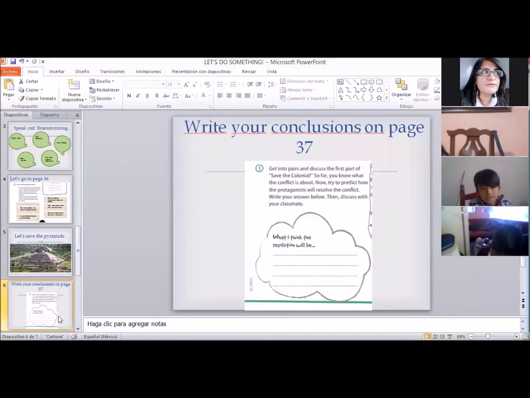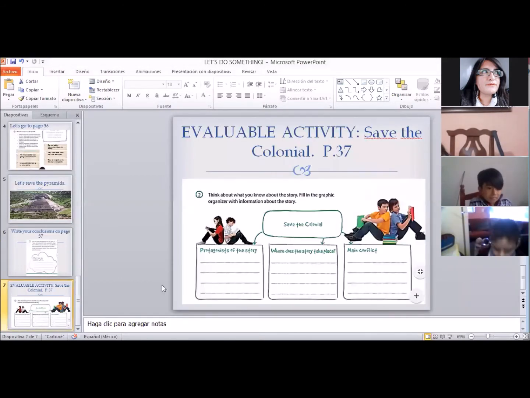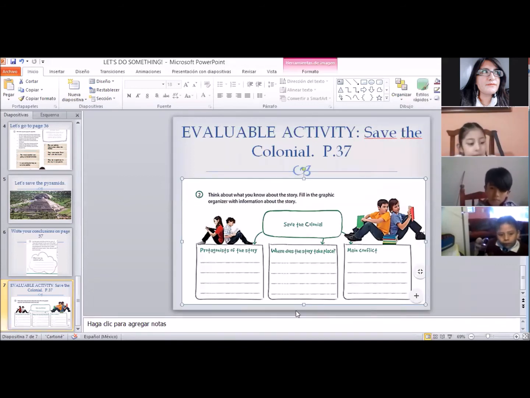I'm just going to show you the available activity, okay? The available activity is going to be page number 37, the activity number 2. This activity is going to be called Save the Colonial. And you're going to make a summary of the story Save the Colonial in these 3 charts. So these 3 charts that you have here.